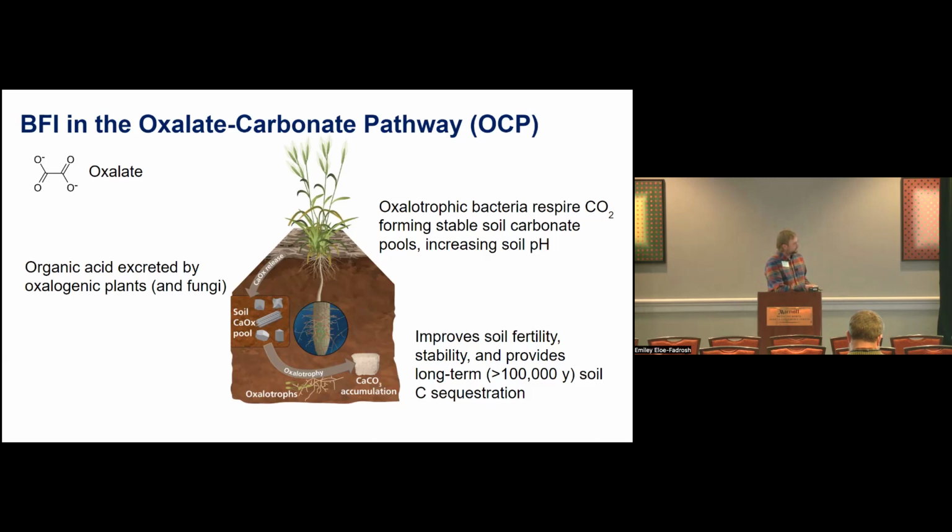So plants releasing calcium oxalate can be degraded by oxalotrophic organisms that then are contributing to this stable carbon pool. So understanding the players in this, let's say, carbon flow pathway, and how can we further promote this and understand it.